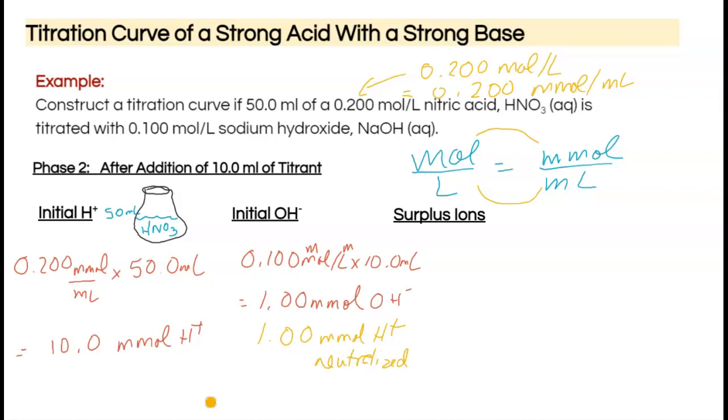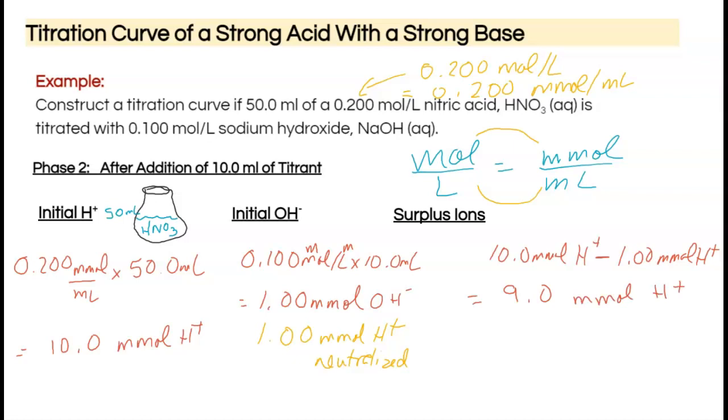I can figure out my surplus ions by saying I started with 10 millimoles of H+, but now I've neutralized 1.00 millimoles of H+ using an equivalent amount of sodium hydroxide, and that leaves me with 9.0 millimoles of H+ left over.